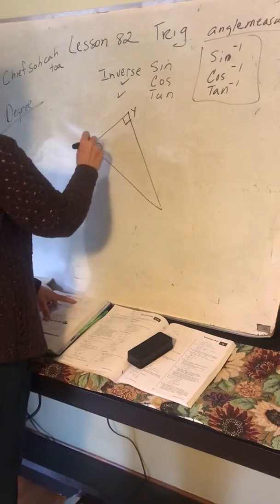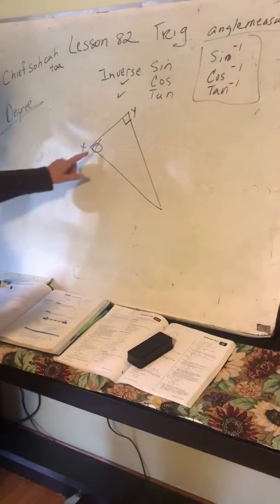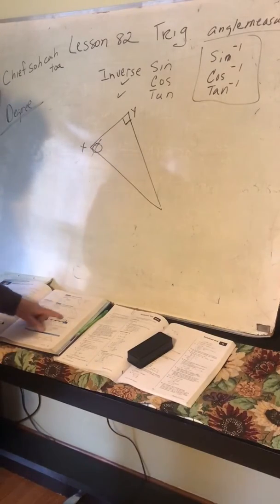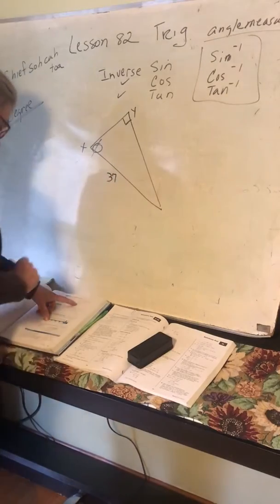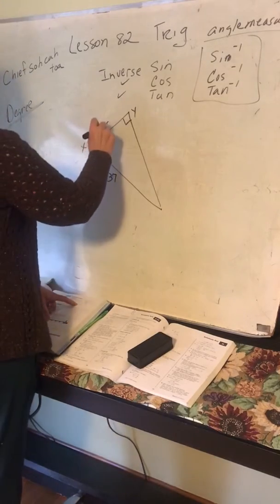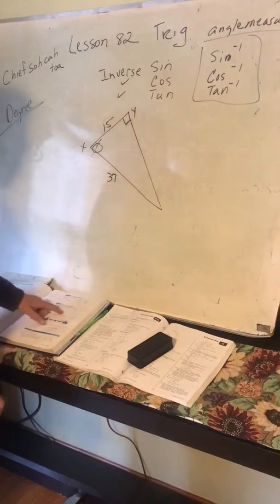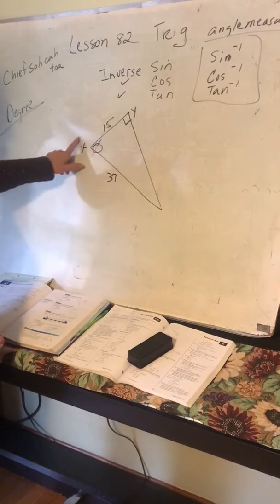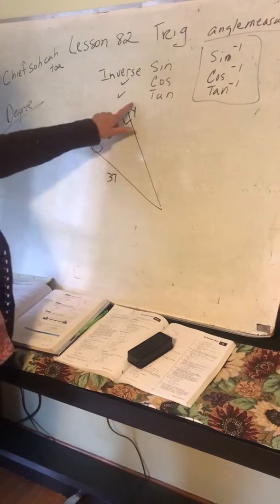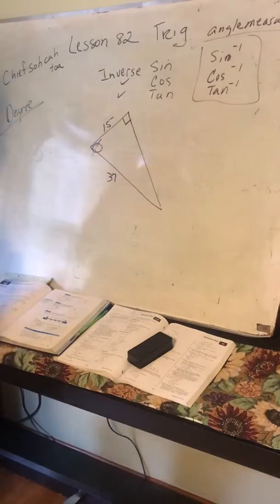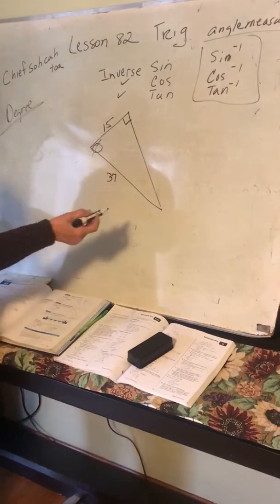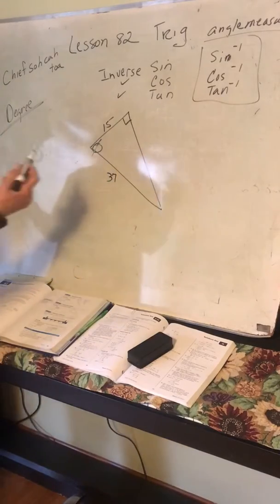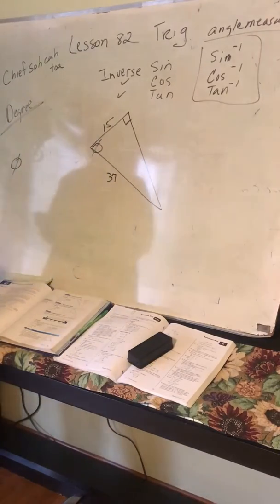This is the angle I'm looking for right here, and this is 37 and this is 15. I don't need those. I'm going to use an inverse because I'm looking for an angle. Anytime you're looking for an angle, you're going to use an inverse.